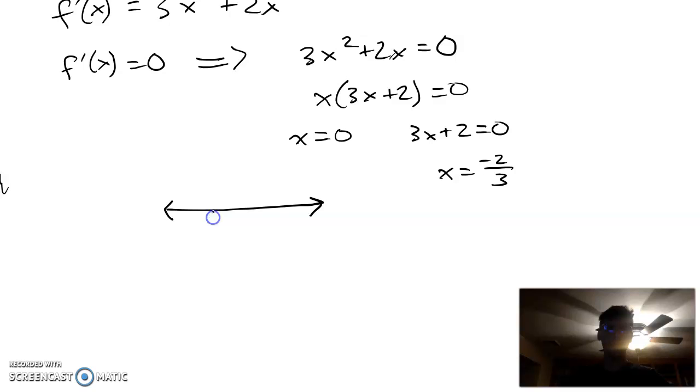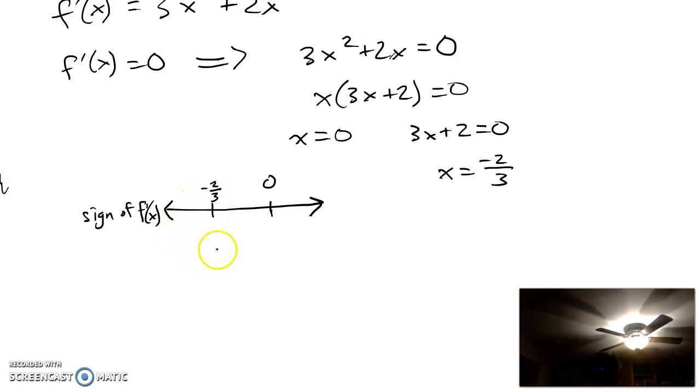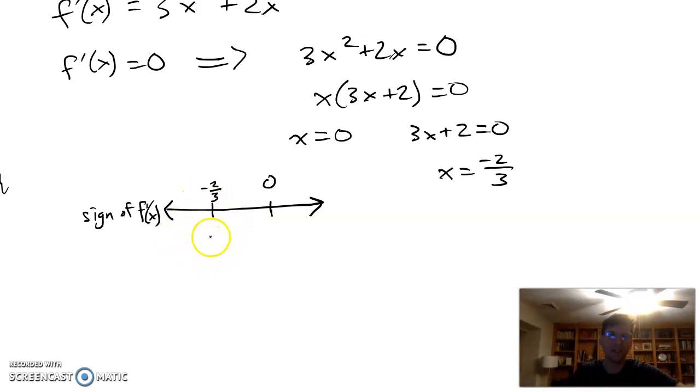We have negative 2/3 and 0 as the two values we found, where now we're going to analyze the sign of the derivative to see the intervals on which it's increasing or decreasing, because at these values the derivative is 0.